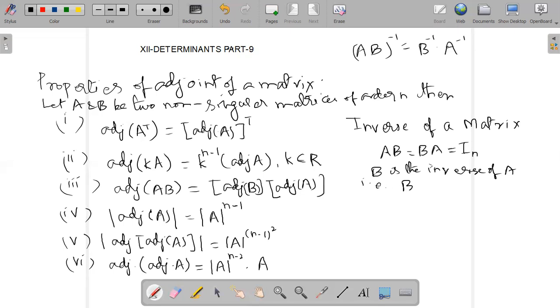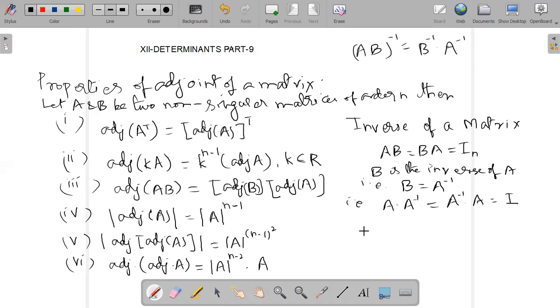We can say that A into A inverse, multiplied with the matrix, pre-multiply or post-multiply, will be equal to the unit matrix.